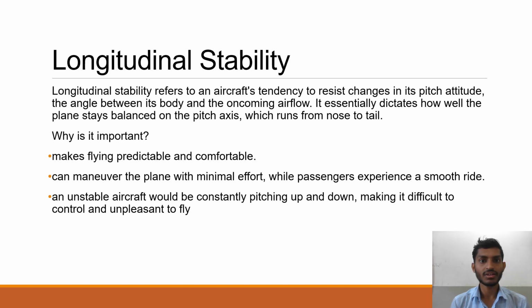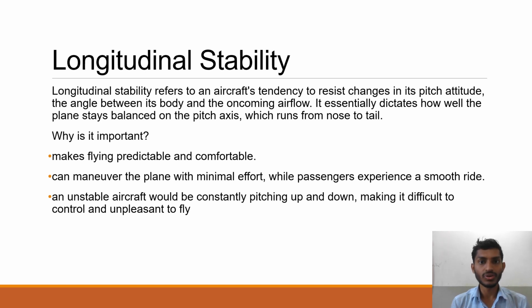It refers to an aircraft's tendency to resist change in its pitch attitude, the angle between its body and the oncoming airflow. It essentially describes how well the plane stays balanced on the pitch axis, which runs from the nose to tail.